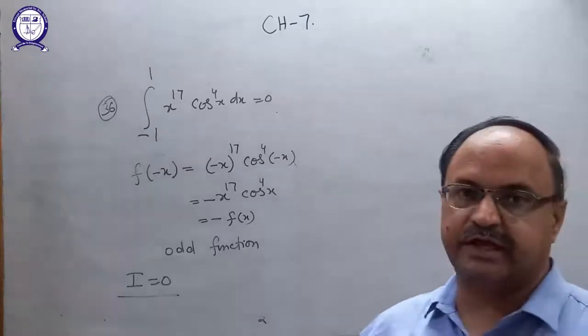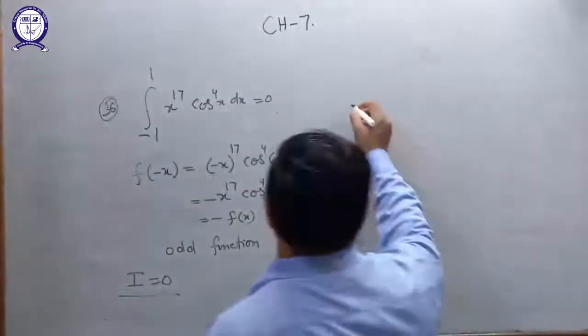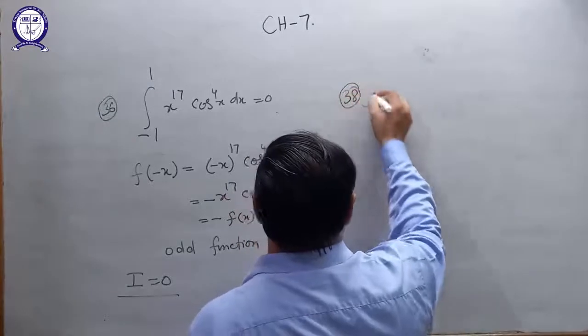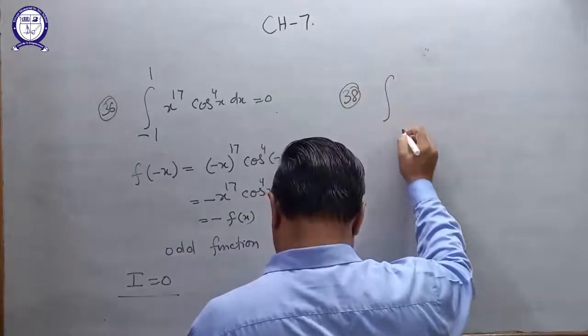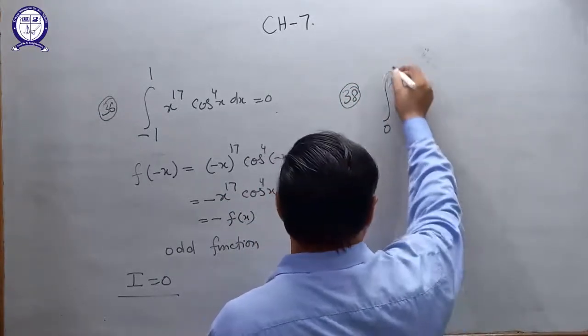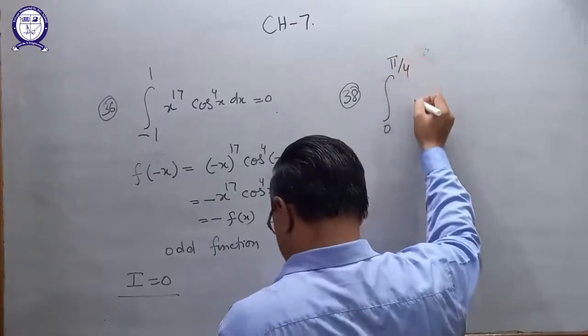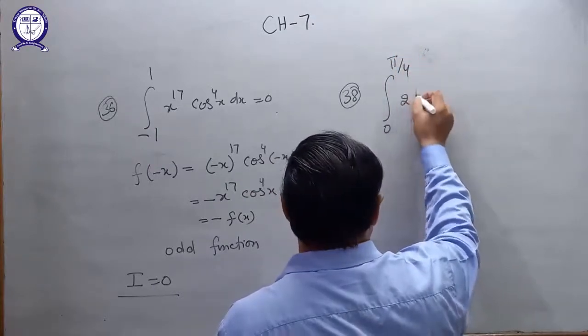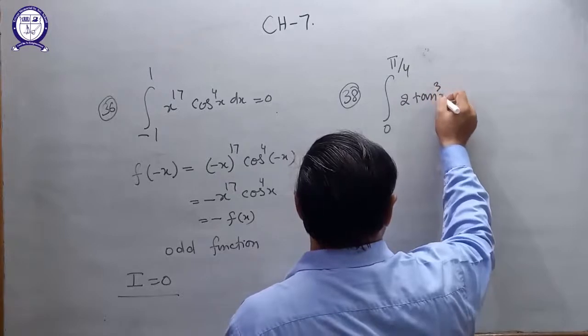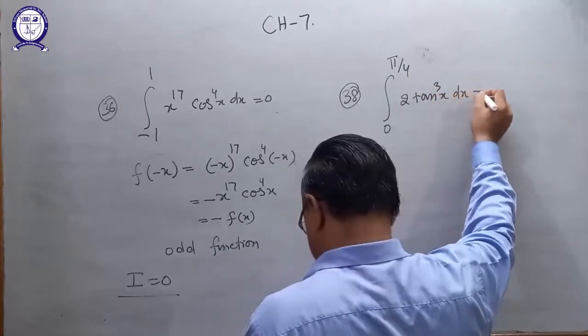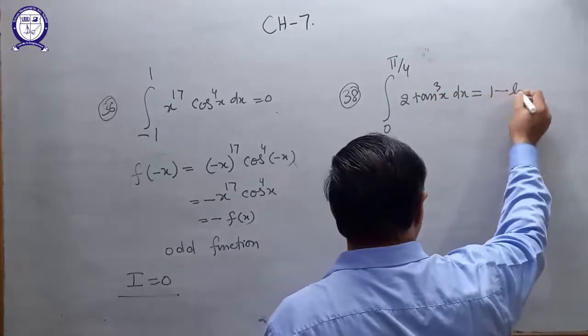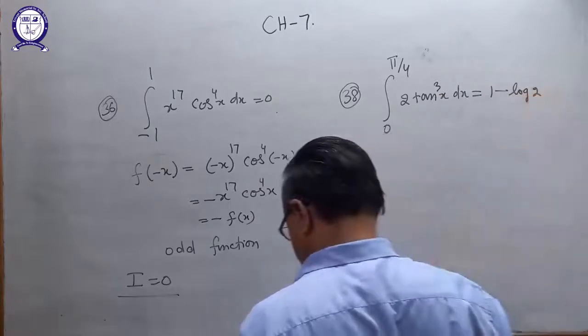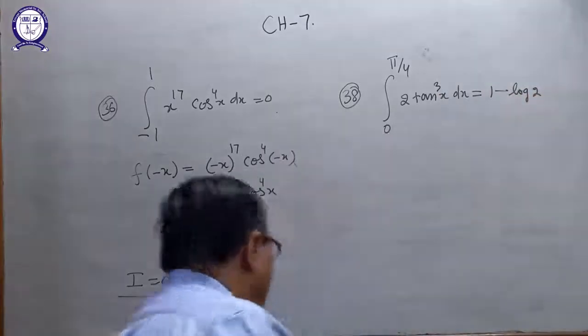Next, question number 38. Integration 0 to pi by 4 of tan cube x dx. Prove that it is equal to 1 minus log 2.